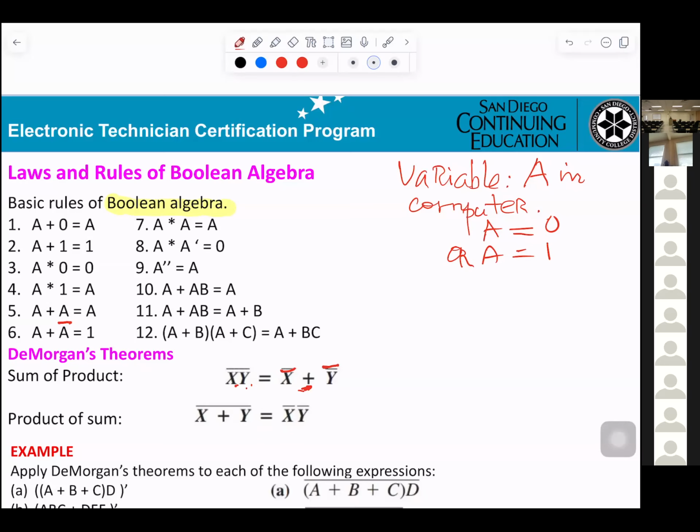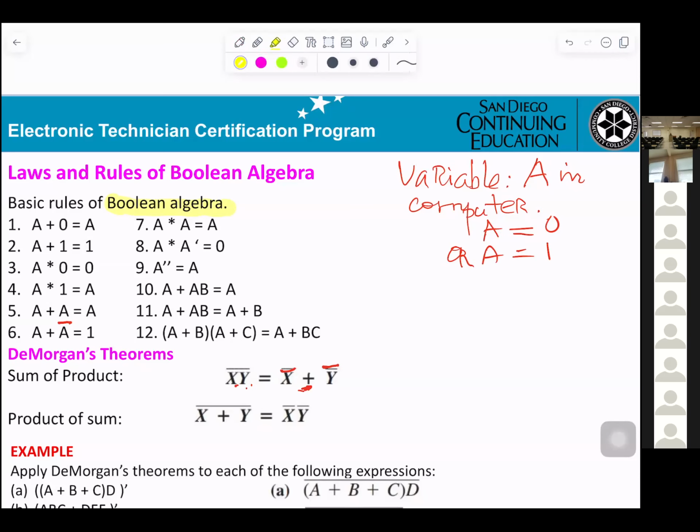Now they get the rules for Boolean. Basically, you need to know. If they get A, you add 0. What you get will be A, right? If A is 0, you add 0, you get 0. If A equals 1, 1 adding to 0, you get what?